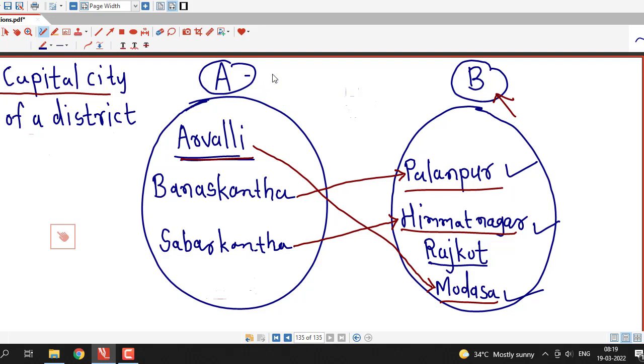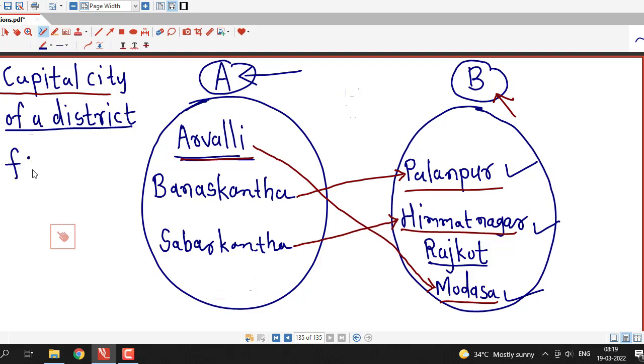But every element of this set must be assigned to a unique element of set B. So this capital city of a district defines a function from set A to set B.